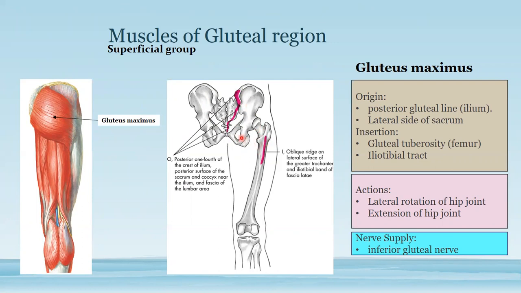It contracts, so it moves the hip joint laterally. So it laterally rotates the thigh. It also produces extension of the hip joint. The nerve supply for the gluteus maximus is by the inferior gluteal nerve.